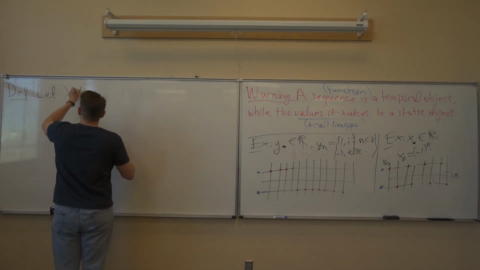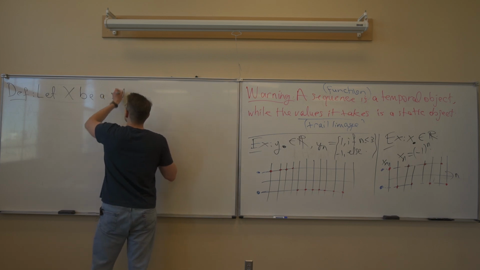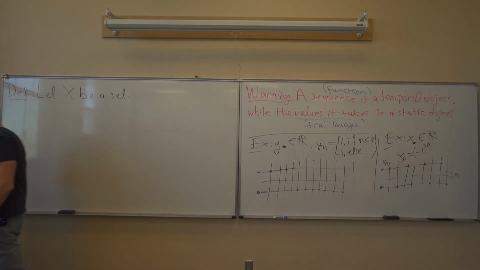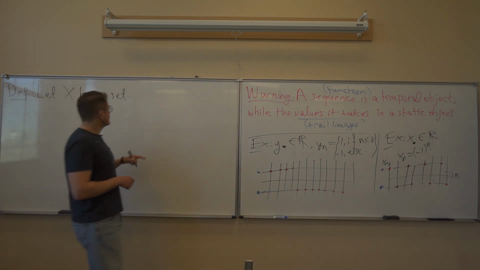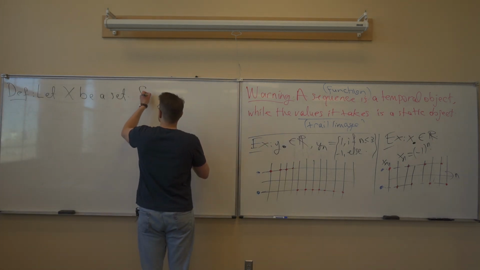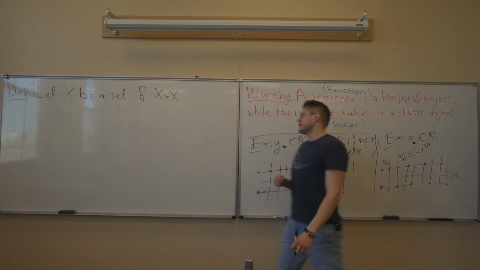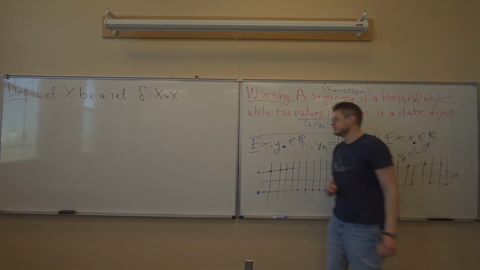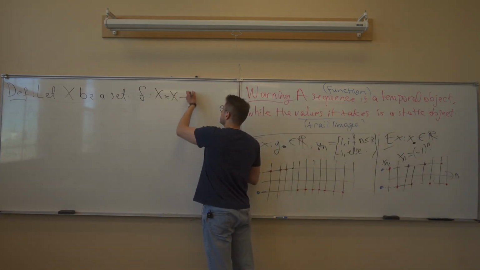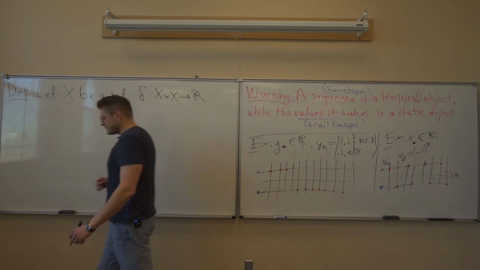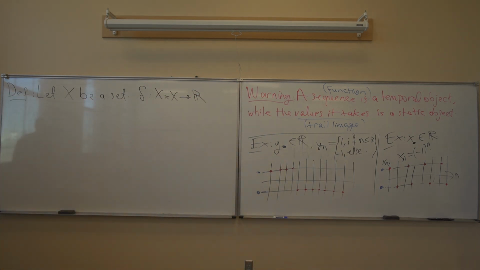Let X be a set. A function, let me call it perhaps delta, from X times X, Cartesian product, to reals, is said to satisfy the triangular inequality.